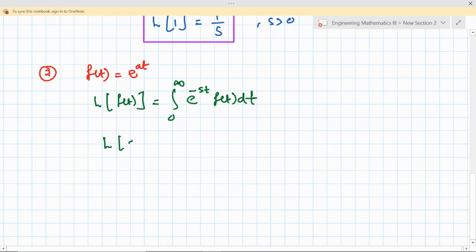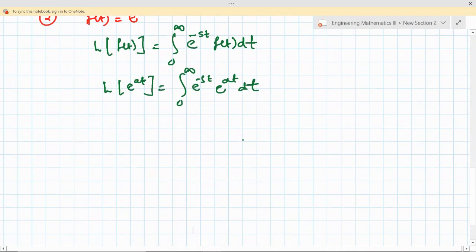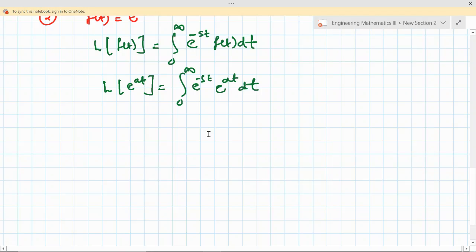So Laplace of e raised to at is equal to integration 0 to infinity e raised to minus st into e raised to at into dt, isn't it? Now I make a simple adjustment here.